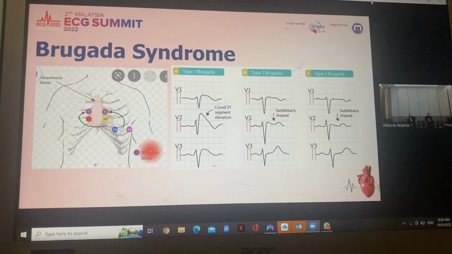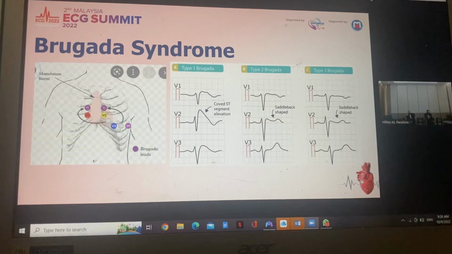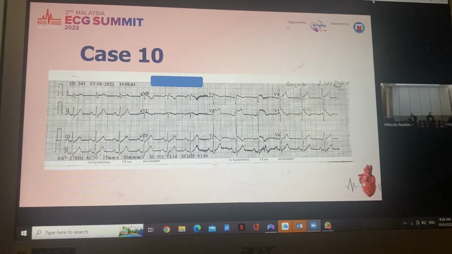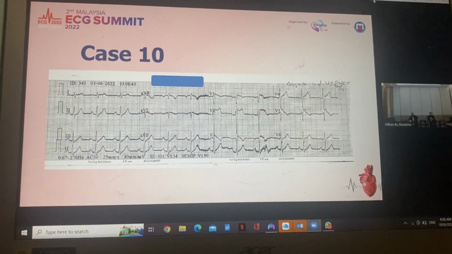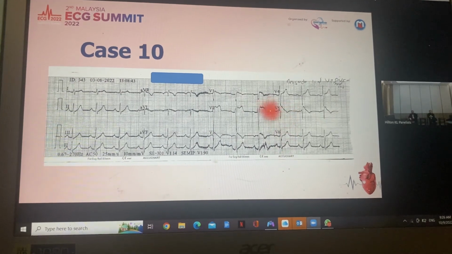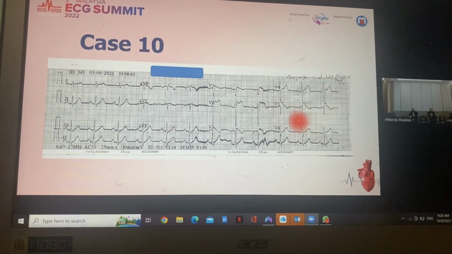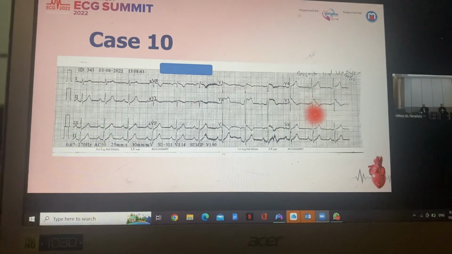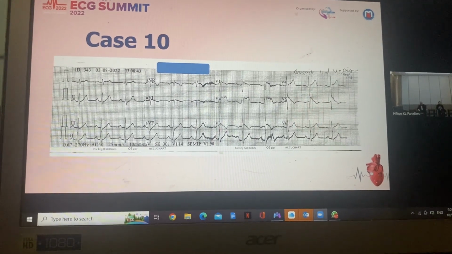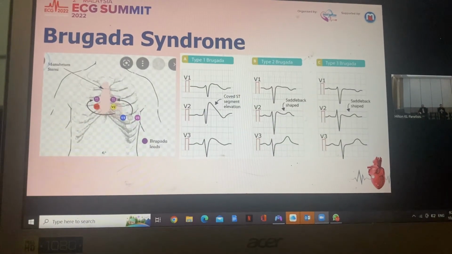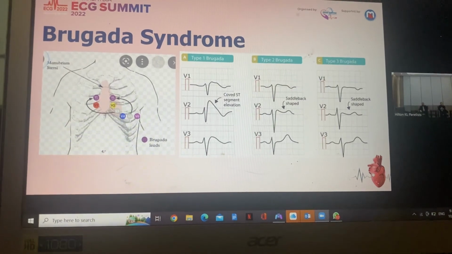Like this. When we got the Brugada leads, you can see it's behaving like type 1, because you can see the coved ST changes, coved ST elevation, and the T inversion behaving like type 1.